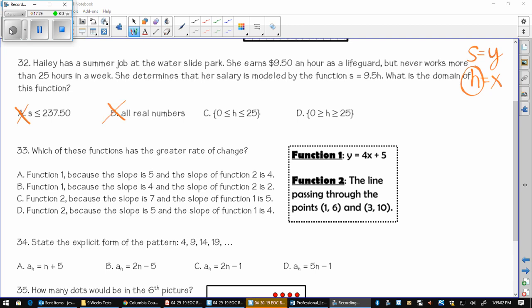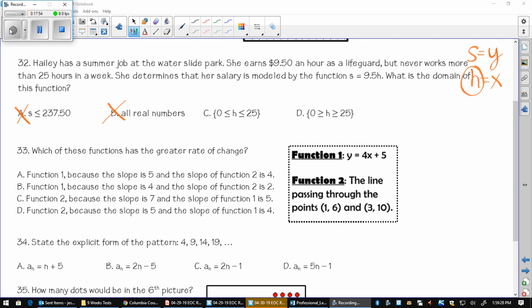So C and D are pretty similar. The only difference is the way the inequality signs are facing. If I look at C, that is saying the number of hours she works should be more than 0, but less than 25. If I look at D, that's saying 0 should be more than the number of hours she works, or she should be working more than 25 hours.